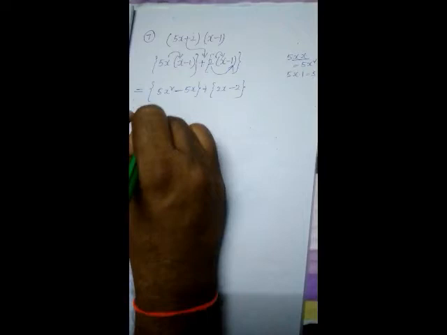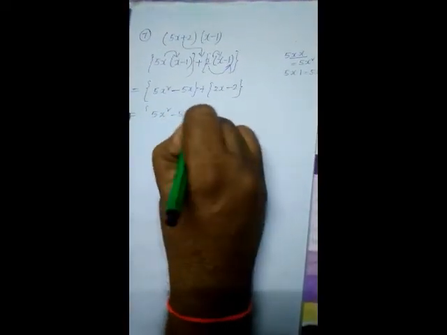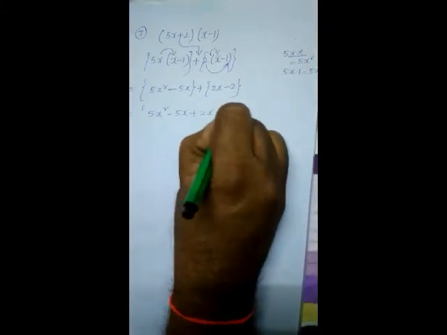We can break the brackets: 5X square minus 5X plus 2X minus 2.